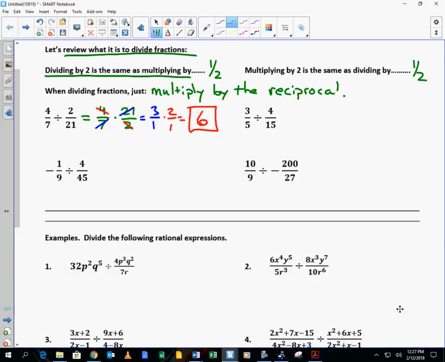Okay, the next problem, same type of situation. We take 3/5 and we multiply it by 15/4. 15/5 is 3/1 times 3/4. That does not simplify, so we get 9/4. That's our answer.